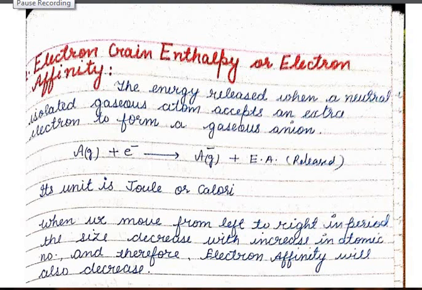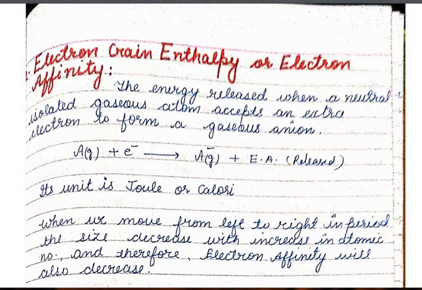Electron gain enthalpy or electron affinity. The energy released when a neutral isolated gaseous atom accepts an extra electron to form a gaseous anion.